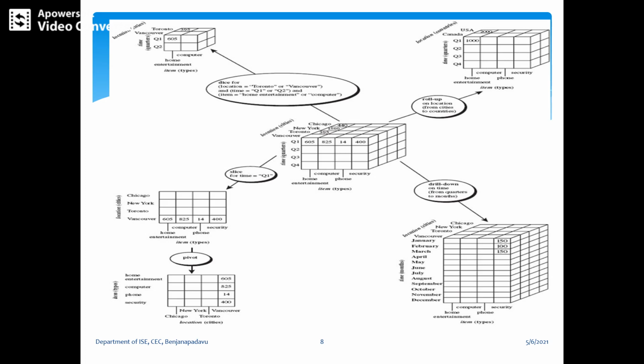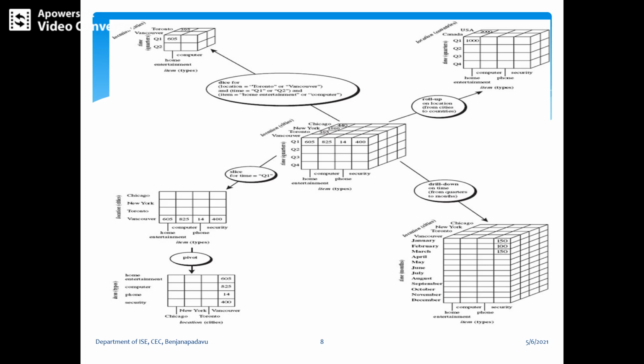So location is Toronto or Vancouver, time is Q1 or Q2, and item is home entertainment or computer.